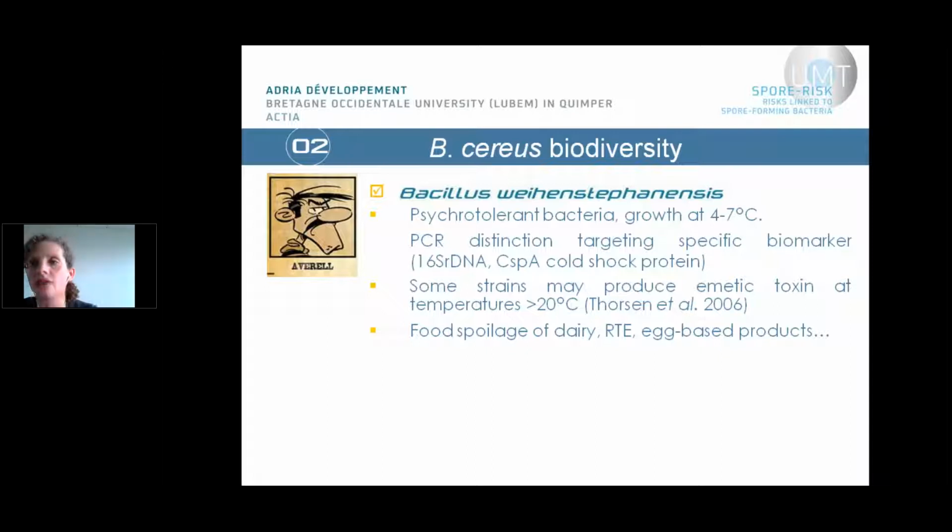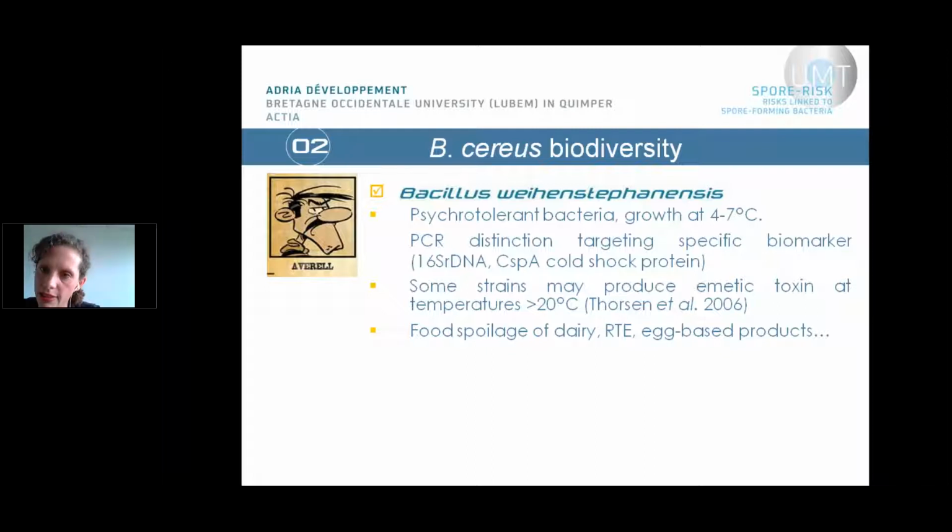Nevertheless, it has some abilities which might be interesting to know from a food industrial perspective. Bacillus weihenstephanensis is a psychotolerant bacterium. It has the ability to grow at low temperature, as low as 4 to 8 degrees Celsius.